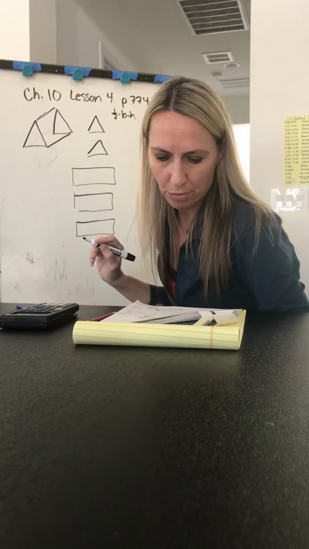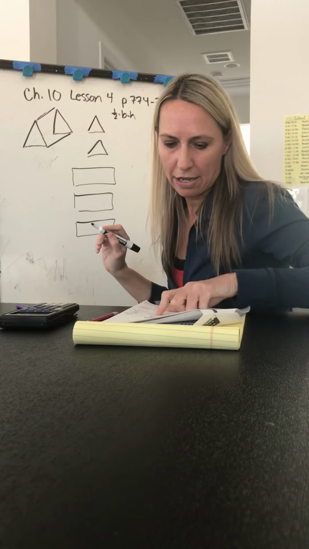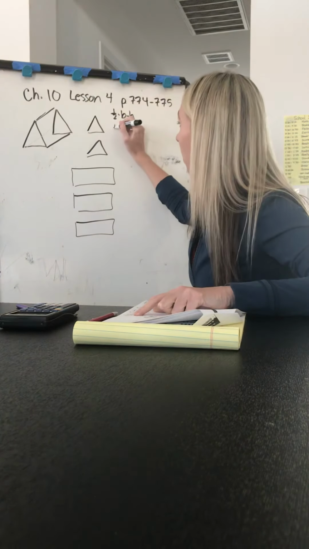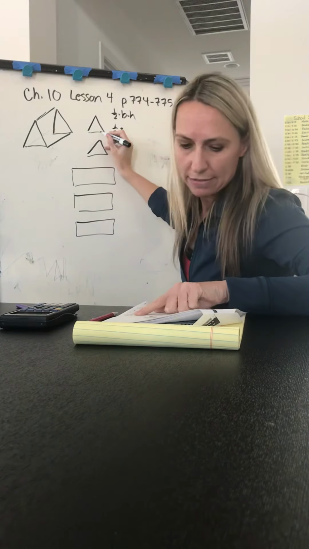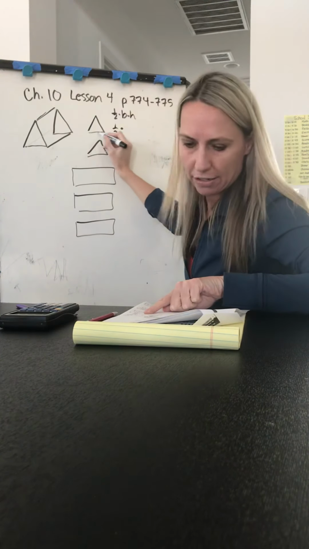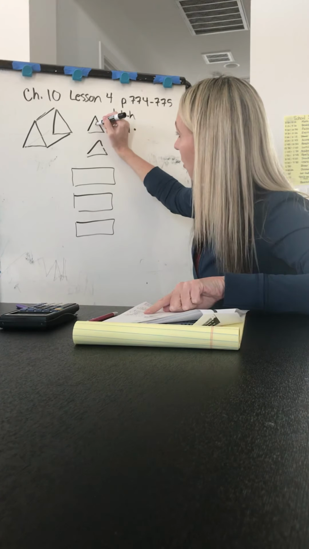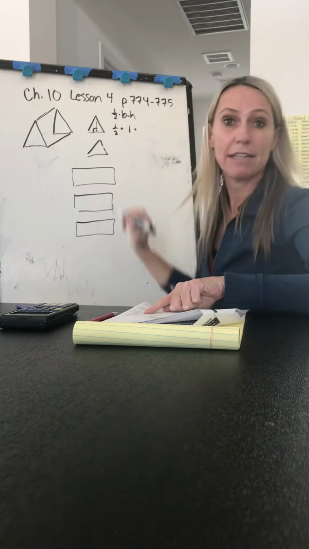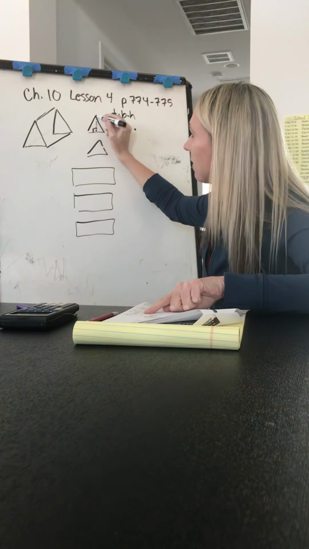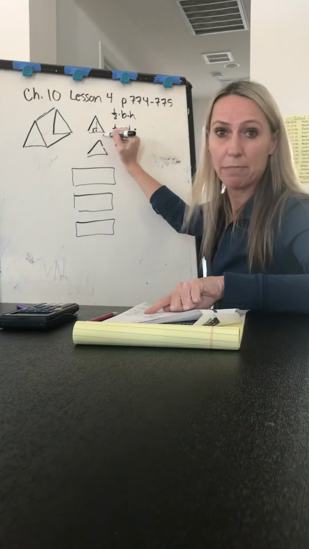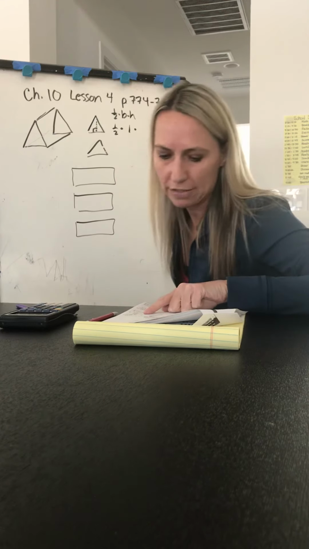On example 1, you have to do the base times the height. So you have 1/2 times the base, which is this right here and looks like 1, and then times the height. Remember the height has to meet the base at a 90 degree angle, so it's not this length right here. It's the one that meets the base at the little box at 90 degrees.